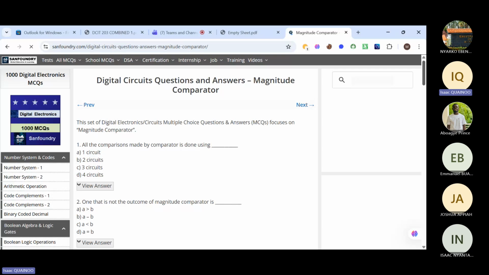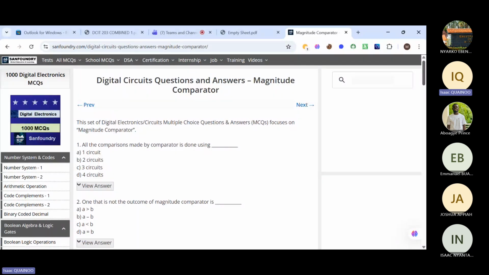Unfortunately, we couldn't do multiplexers, or should we still start multiplexers since we have about 12 minutes left? What do you think? Let's make it tomorrow. Tomorrow, okay. All right, then we are going to meet tomorrow.